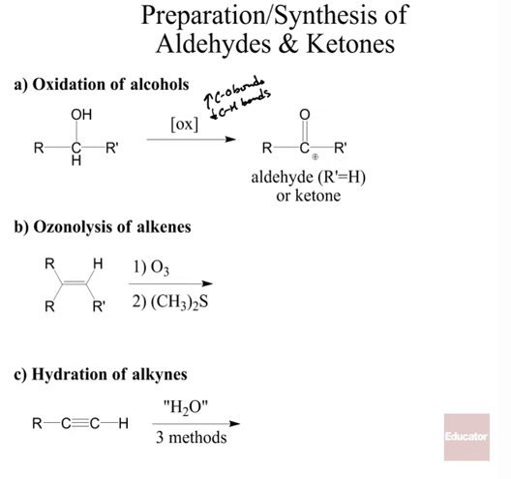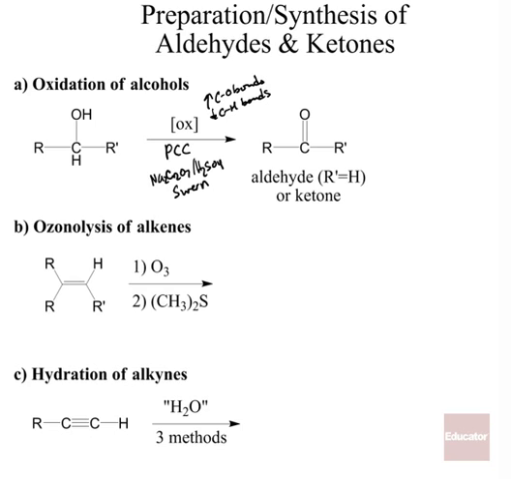We could get either an aldehyde or a ketone depending on what kind of alcohol we started with. We had things like PCC as an oxidizing agent that could do this, or maybe Jones, sodium dichromate, Cr2O7, H2SO4. We had Swern oxidation. So there are a variety of oxidizing agents we've seen before, and certain situations gave us ketones and others gave us aldehydes as products.